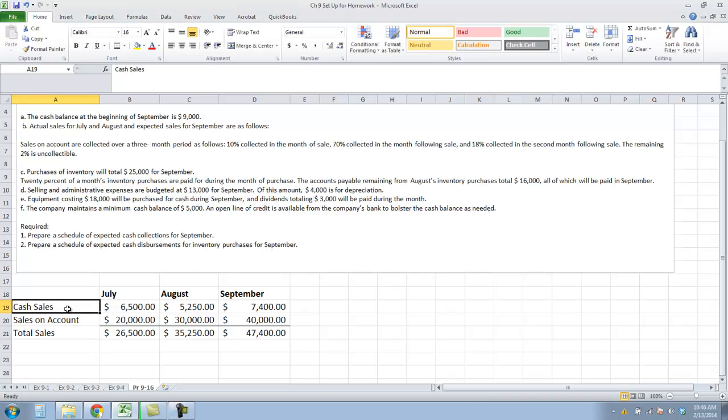So, here are cash sales, sales on account, and total sales for the month. Let's put down what information we do have. Cash collection is 10% in month.